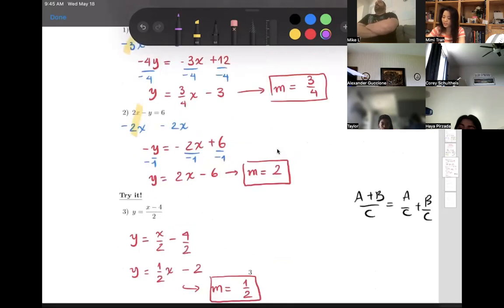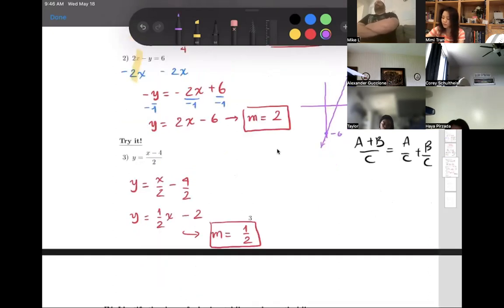For the second one, same thing. I have y equals 2x minus 6. So -6 is my y-intercept. So -6 should be down here. And because it's positive again, it's going to be steeper. It's going to have a positive graph.